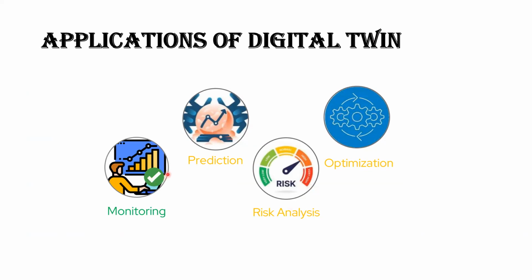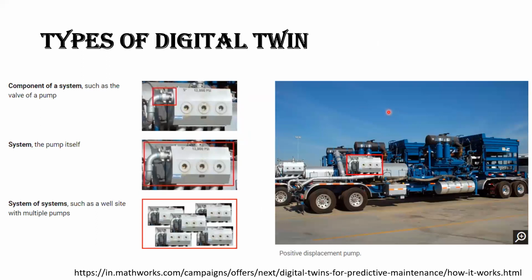Monitoring might not exactly need the AI tools. It is just a data visualization of what you're getting from the physical object. Prediction might use some of the tools of AI to predict whether this is good enough, whether this is bad, whatever it is. And optimization, of course, will need the highest amount of AI tools. With this background, let's see the different types of digital twin.